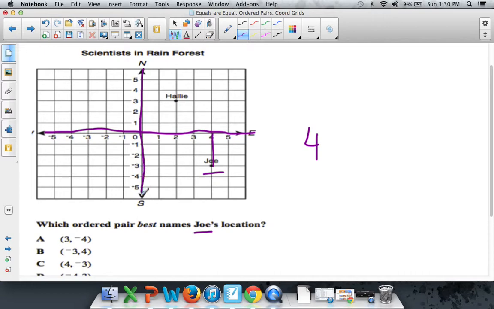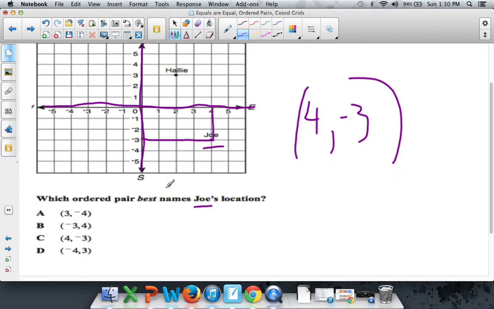Go up and down, find which number matches up with Joe. You see -3, a straight line, will match up with Joe. So the second number is -3. Do you see 4, -3 amongst our multiple choice options? Hopefully you see it at C, and that is a correct answer.